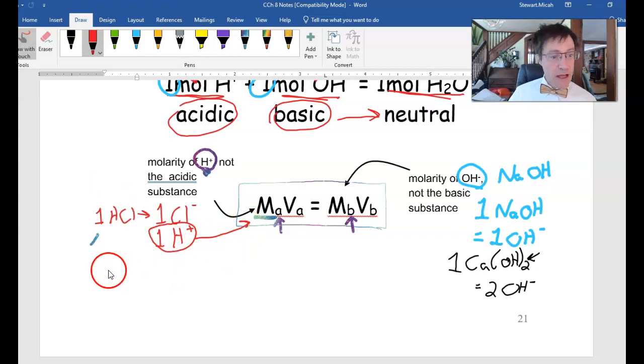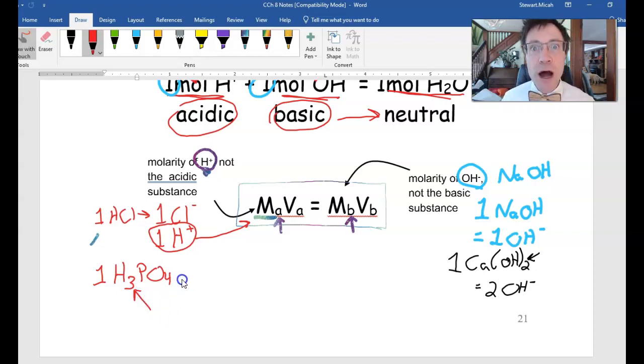Now, what's different is if we had 1 mole of phosphoric acid. Yeah, you guys see that right there? Triprotic, brah. So if we have 1 H3PO4 or phosphoric acid, this is going to give us how many hydrogens? See, that's the part that can get tricky. That's the mono, di, tri, protic, and the 1 or 2 or 3 hydroxides.